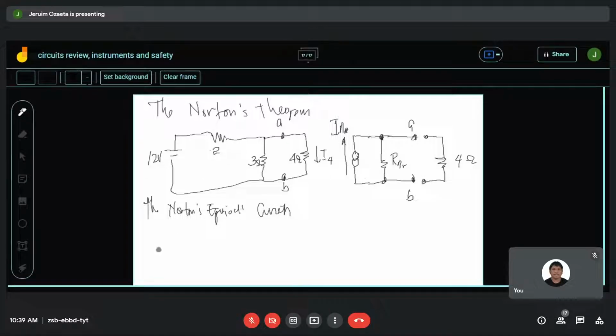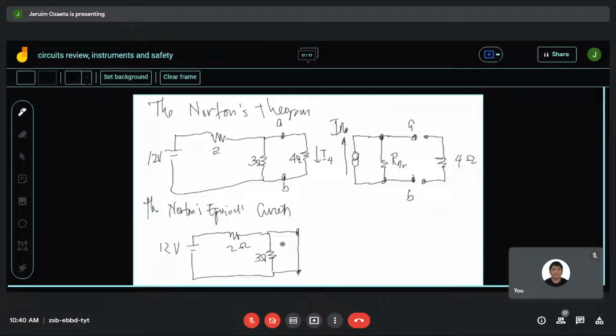So we have 12 volts, 2 ohms, 3 ohms, and short circuit it.